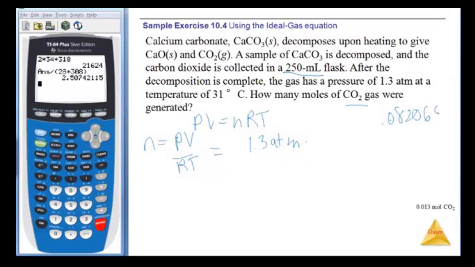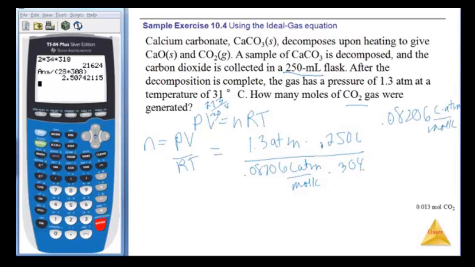Because that is liters atmospheres over moles K. Okay, so this is 1.3 times 0.250 liters over my R, which is 0.08206 liters atmospheres over moles K, times my T. Now my T is 31 Celsius, and if I add 273 to get to that, I get 304 K. So my K cancels there. My atmospheres and liters will cancel, and I end up with units of moles.